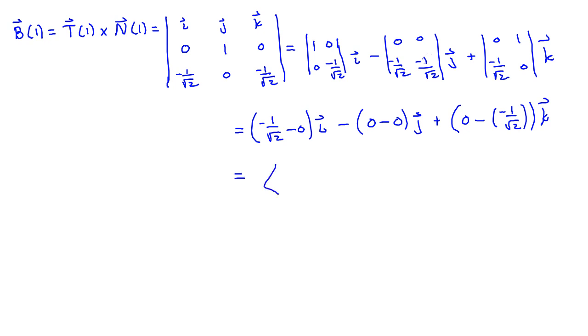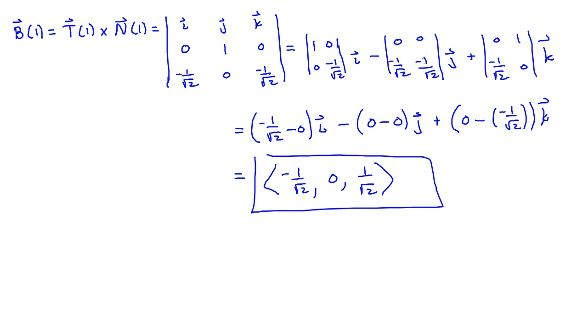So I'm left with negative 1 over root 2 for the first component. The second component is 0. And the third one, the two negatives make a positive. And so I get a positive 1 over root 2. And that is my unit binormal vector to go along with my unit normal and unit tangent.